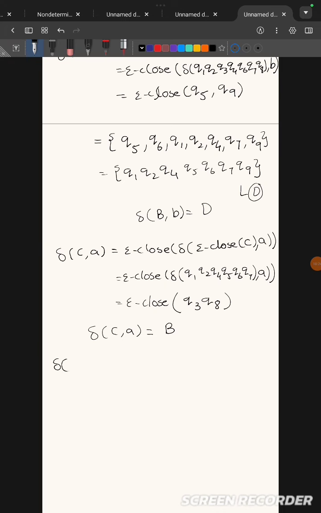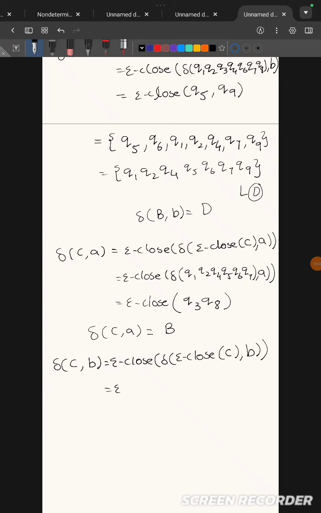Now we have to find C comma small b, which is epsilon closure, transition, epsilon closure of state C on small b.